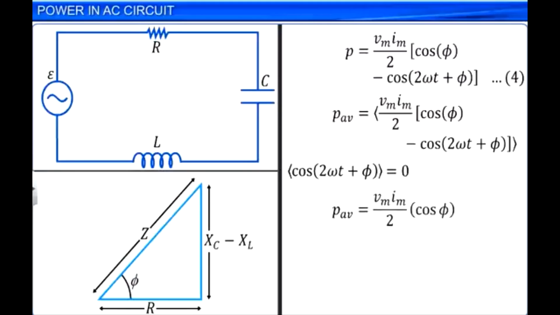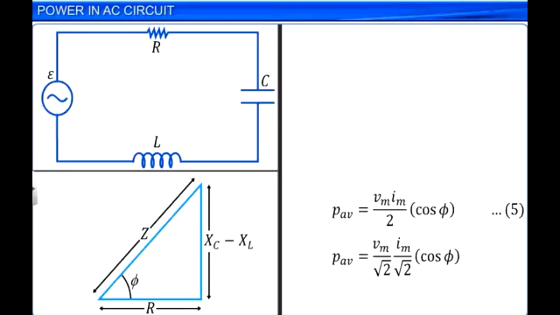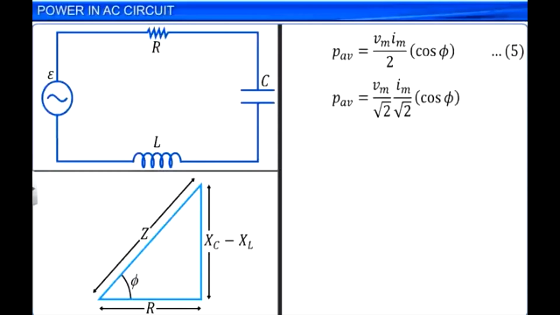The same expression can be written as Vm by root 2 into Im by root 2 into cos phi. We know that the RMS values of the AC voltage and the current are given as Vrms is equal to Vm by root 2 and Irms is equal to Im by root 2. Thus, the average power dissipated PAV is equal to Vrms Irms cos phi.